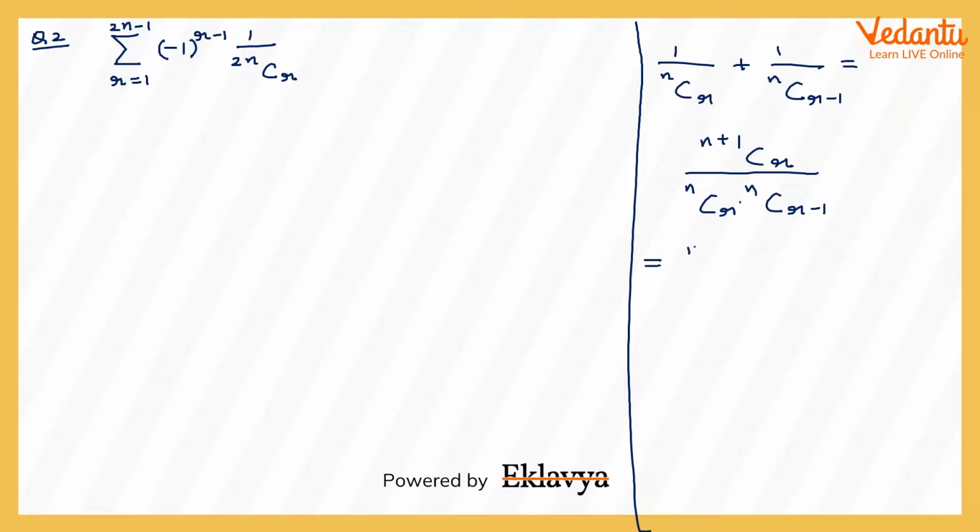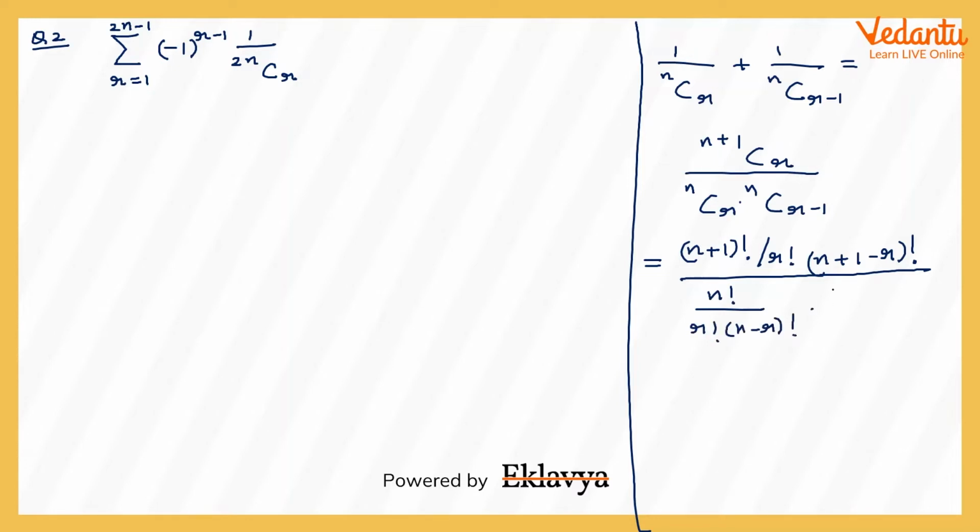If we simplify it, you will get n plus 1 factorial upon r factorial, n plus 1 minus r factorial, whole divided by, this will be n factorial upon r factorial, n minus r factorial. And here also n factorial upon r minus 1 factorial into n minus r plus 1 factorial.